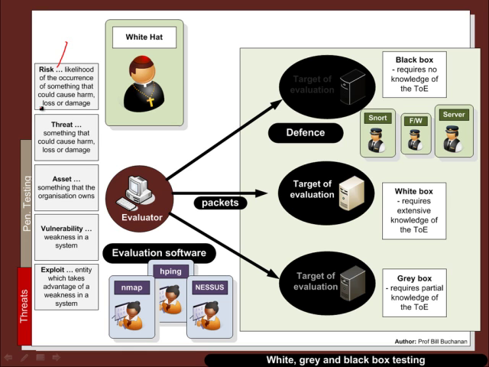Then we have the term threat, and that is something that could cause the actual harm or damage to some form of asset which the organisation owns. So this could be computer systems, or it could be data, or it could even be the people employed inside the company.